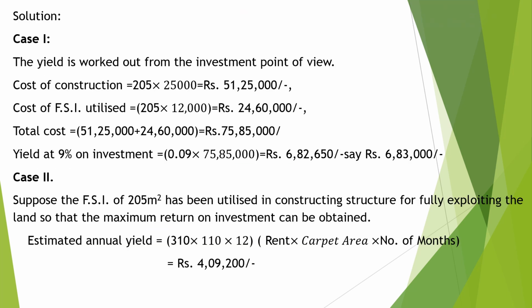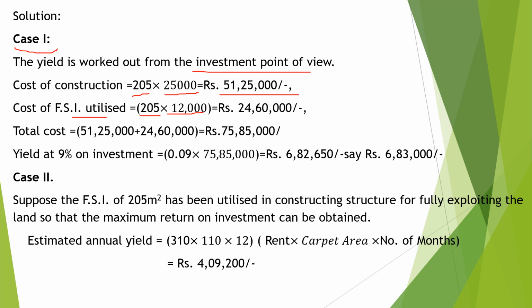In the first case, the yield is worked out from the investment point of view. The construction area of the building is 205 square meter and the rate of construction is 25,000 per square meter. So the value of the construction comes out to be 51 lakh 25,000. Now for the cost of FSI used: 205 square meter is the covered area, and for this you need land.